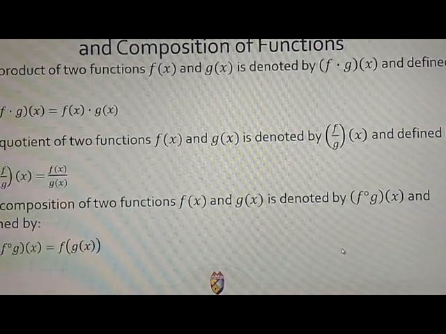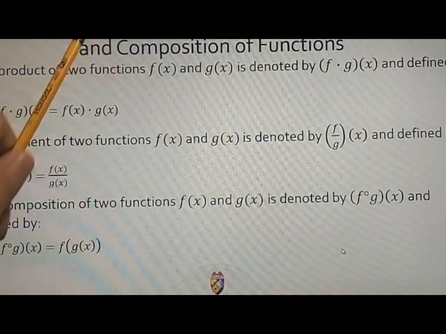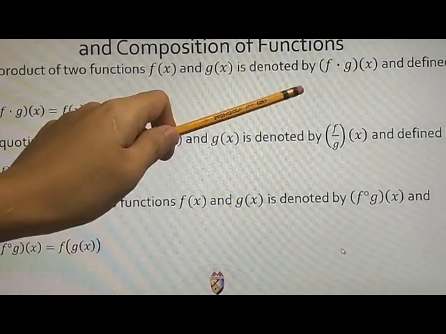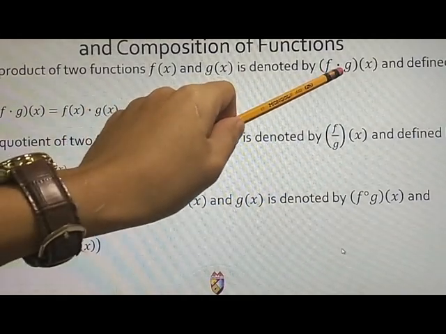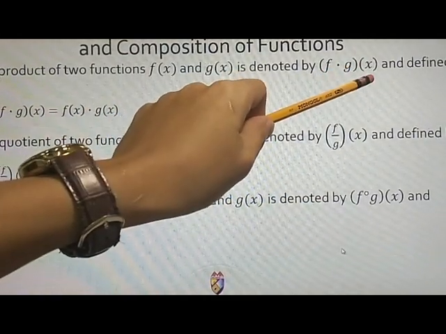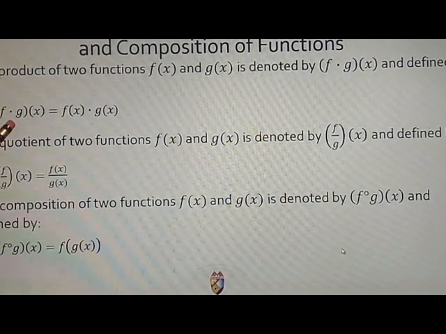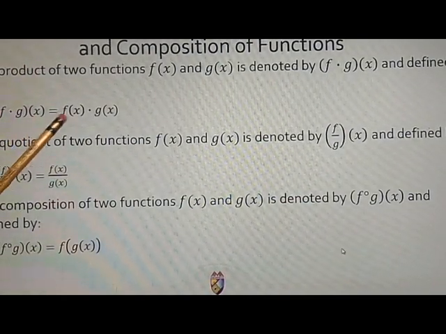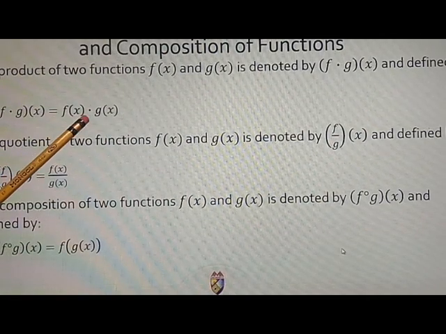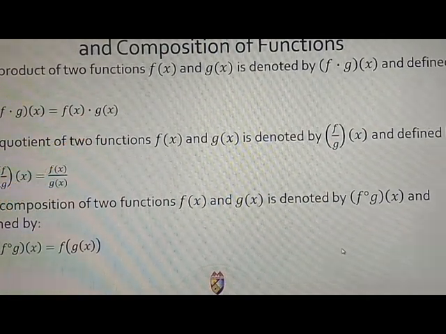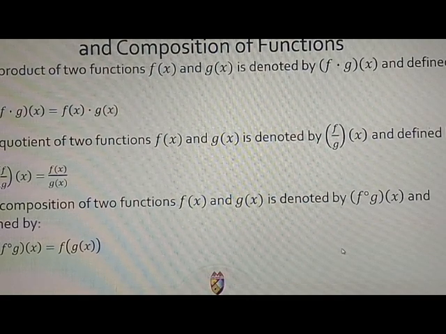Next, the product of two functions, f of x and g of x, is denoted by f times g of x, and is defined by f times g of x is equal to f of x times g of x. That's how you represent the product.